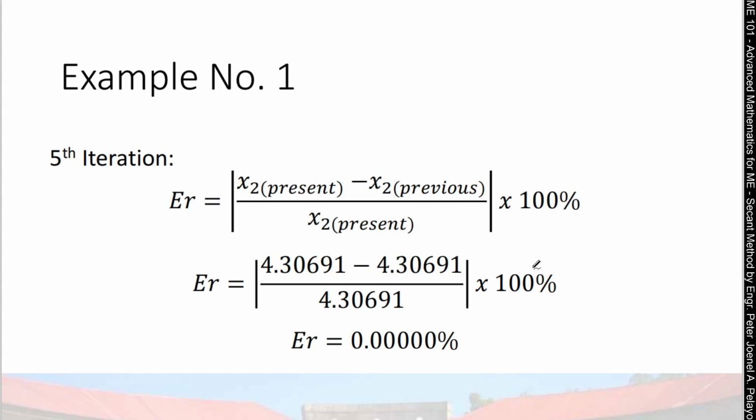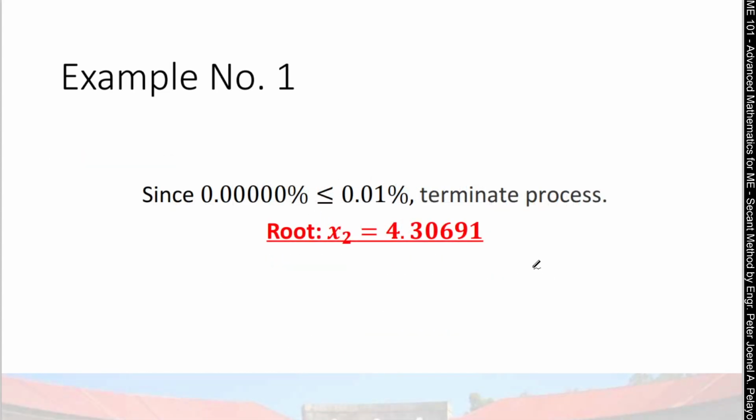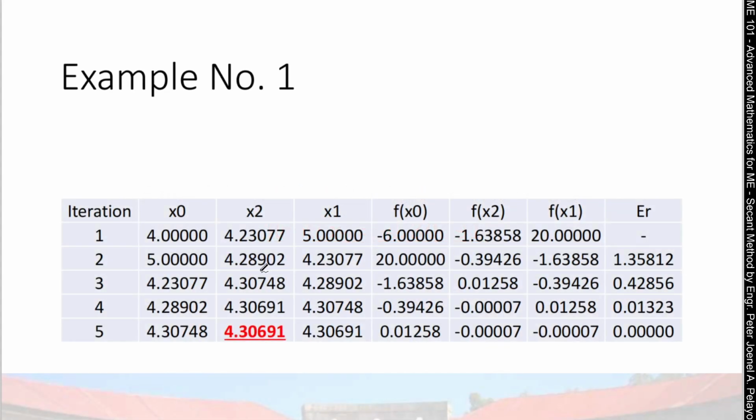Ibig sabihin, terminate na natin yung process. So, root natin is 4.30691. Ang value na nakuha natin is negative 0.00007, so almost 0 na siya. And this is the tabulation. So, ito na yung final answer ng secant method.